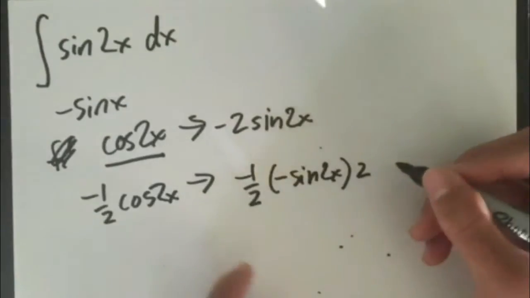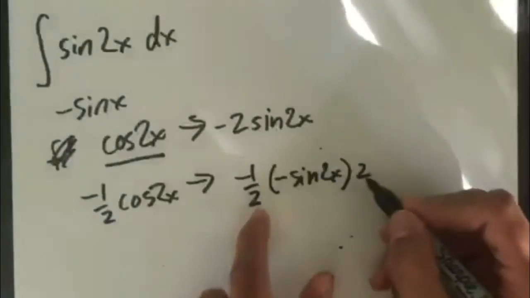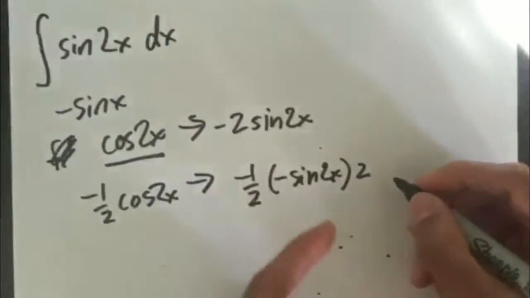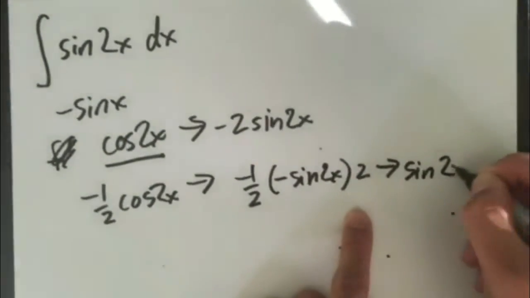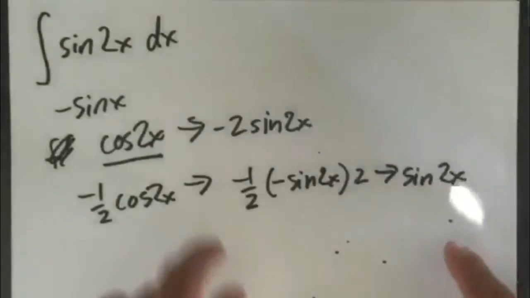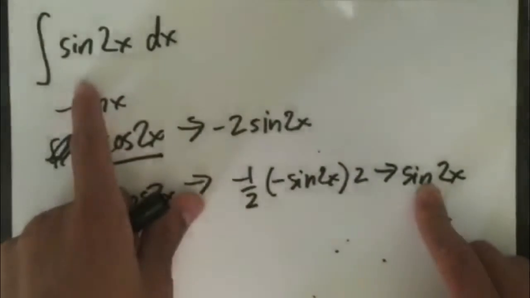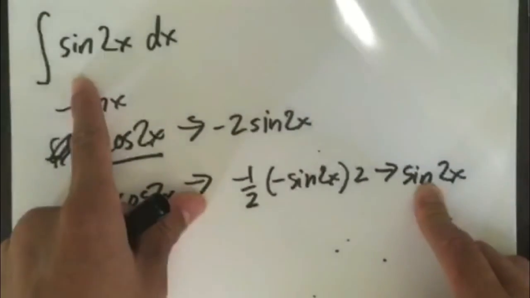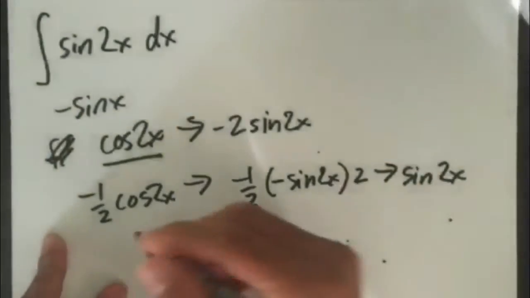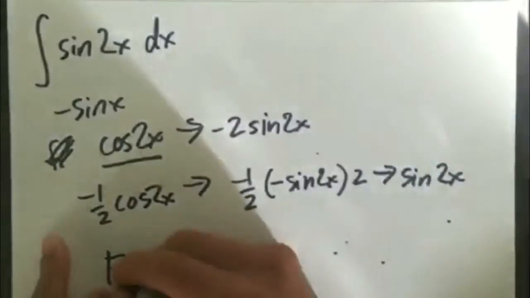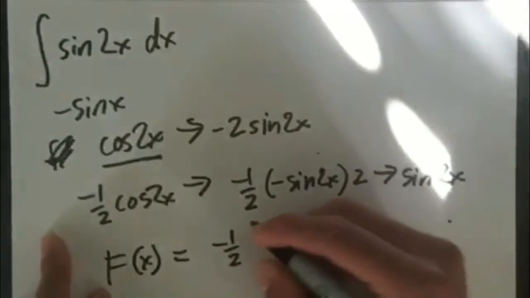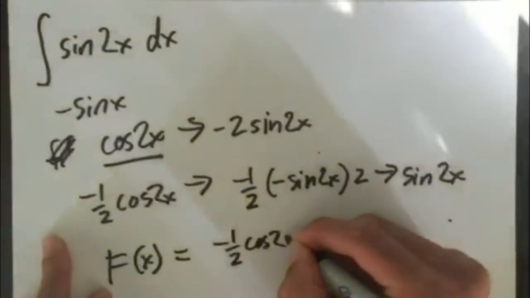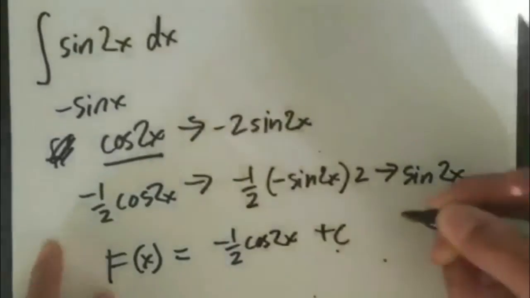And the negatives cancel out, and 1/2 multiplied by 2 equals 1. So in the end, we get sine of 2x, which is back to what it was asking us for. So the answer to this problem will be f of x is equal to negative 1/2 multiplied by cosine of 2x plus c.